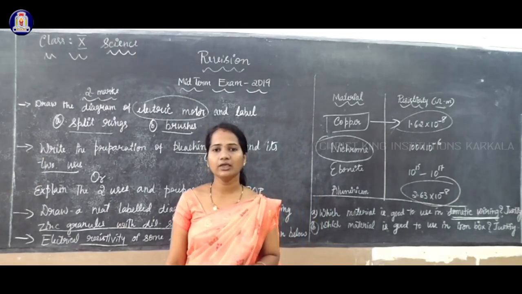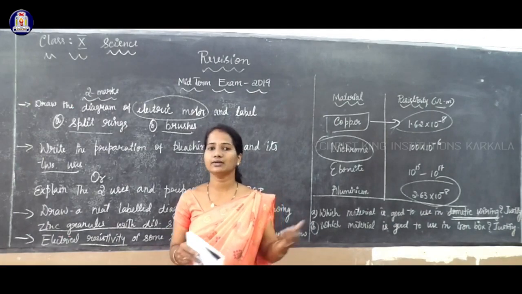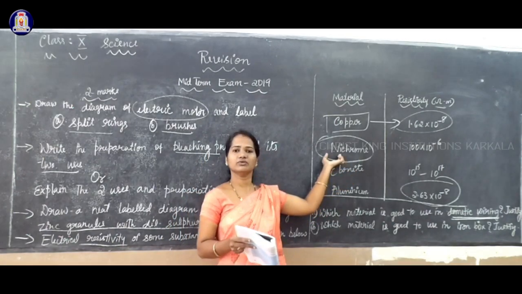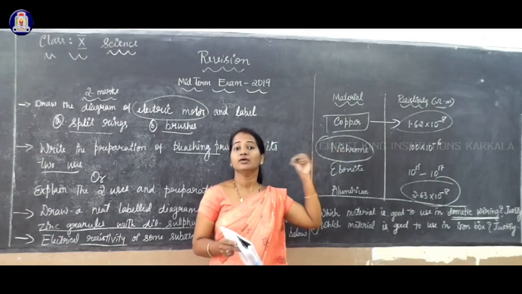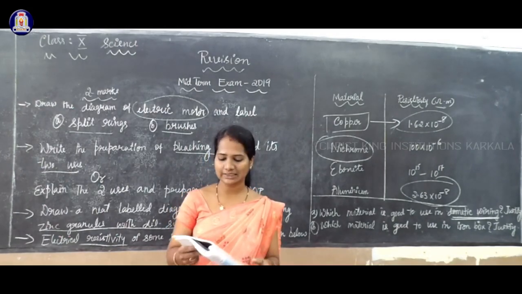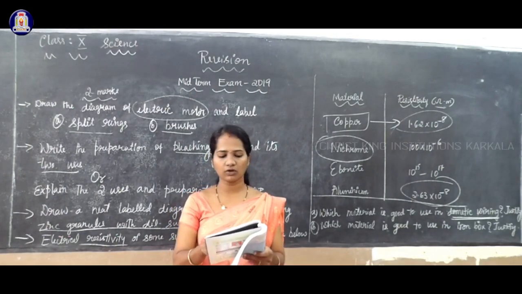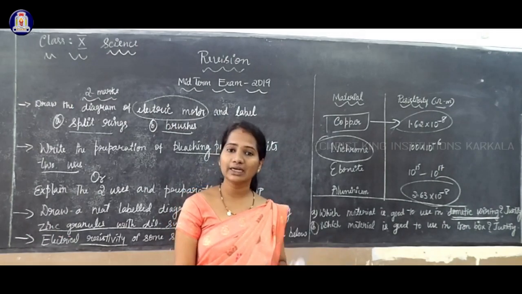Nichrome is used because nichrome is an alloy which does not oxidize or burn easily. Alloys do not oxidize readily at high temperature. They do not burn easily.